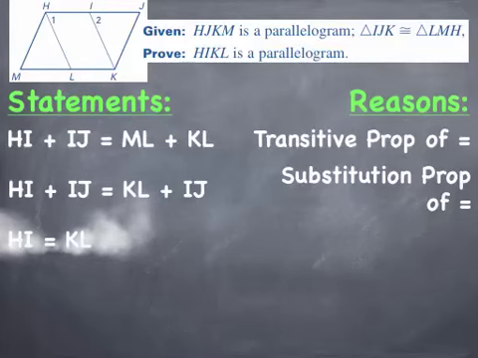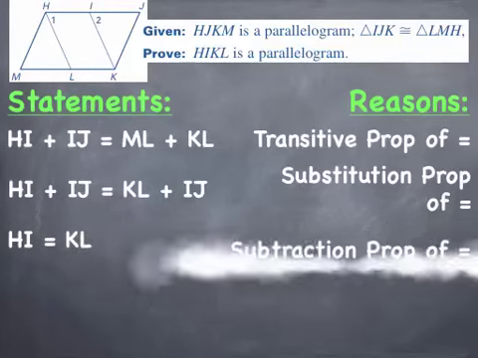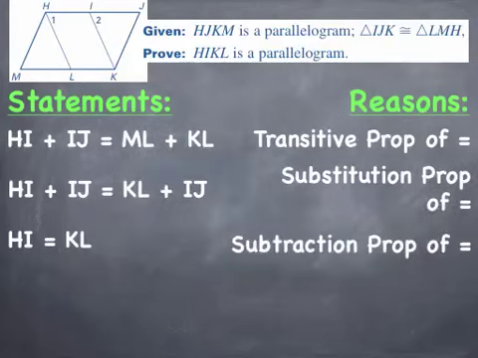The next thing that I can say is HI is congruent to KL because of the subtraction property of equality. All I've done is I've taken out IJ from both sides.